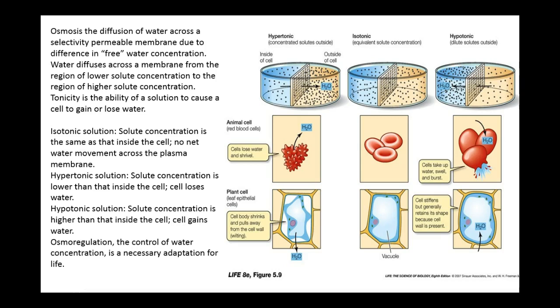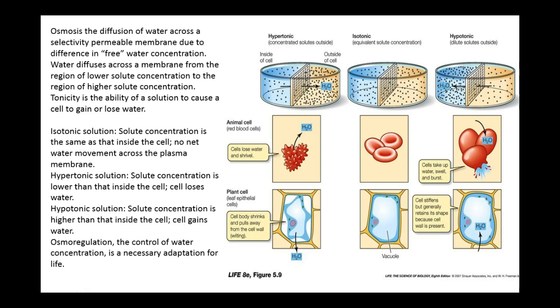The top row of images is where we are introducing you to these terms. Hypertonic, concentrated solutes outside, more so than inside, and you have on this particular image, inside the cell is the bluer color, outside is the oranger color, and what you have is water moving back and forth.